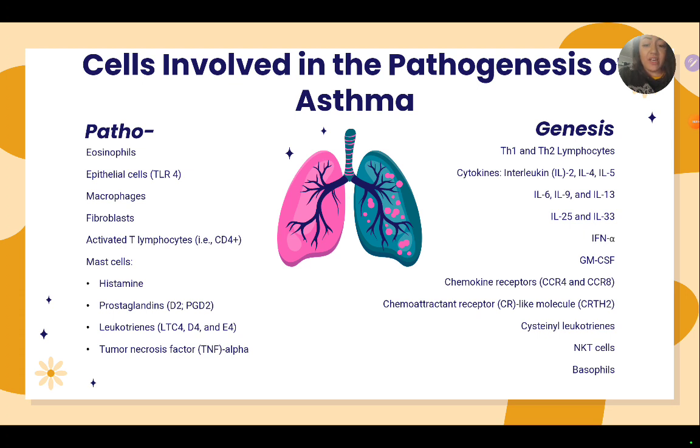Although, side note, it's important to know that some patients with asthma do not have eosinophilic infiltration of the airways. So, overall, these IgE mast cell mediated responses in the body lead to the bronchoconstriction, inflammation, and bronchial hyperresponsiveness, as we mentioned in the last slide.